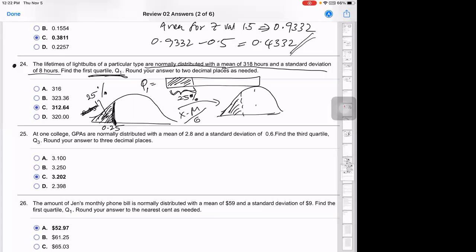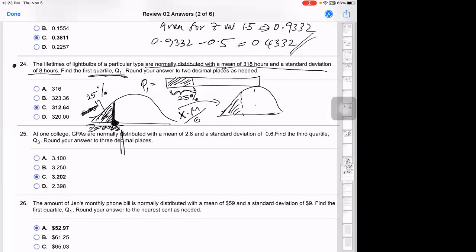So this point is 25%, 0.25 area. Now you have to find the X value. So how do we find that one? Since 0.25 is your area, go to the Z table and find the Z value which belongs to area 0.25.